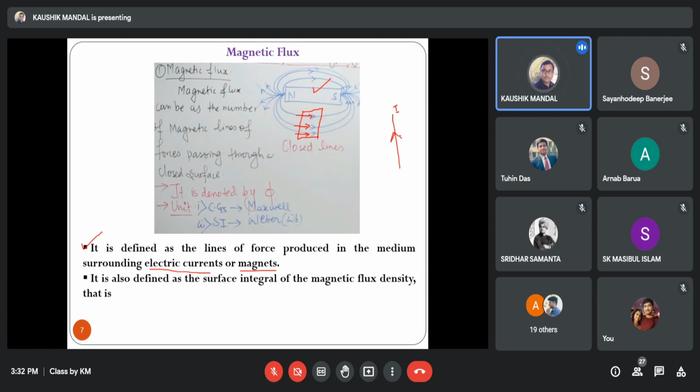I will discuss it later. And it is also defined as the surface integral of the magnetic flux density. Though we have not yet discussed the magnetic flux density B, as per the definition, it can also be defined as phi equal to the surface integral of B dot ds, where B is the magnetic flux density.